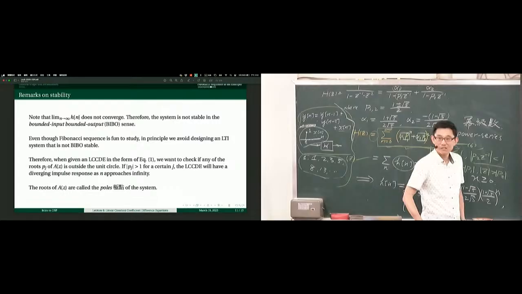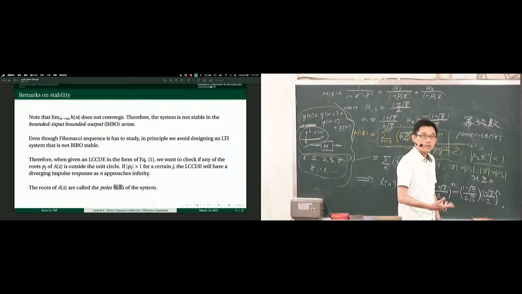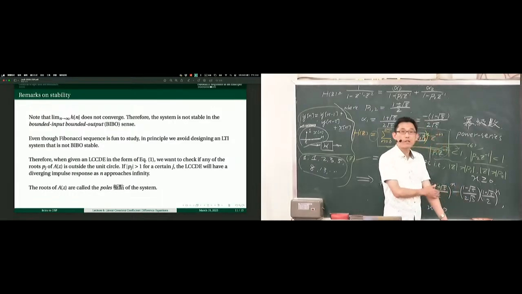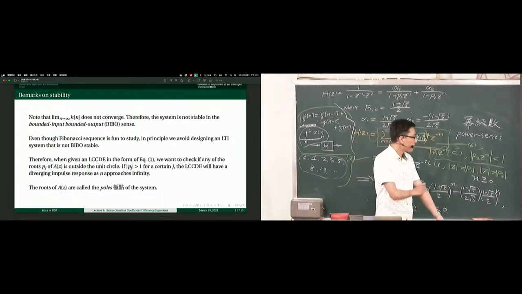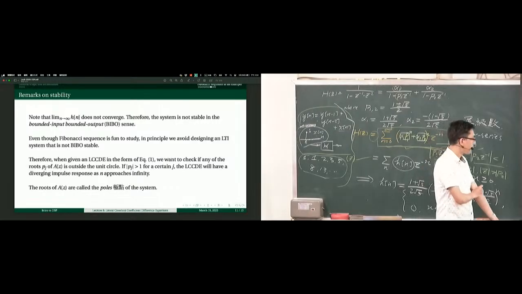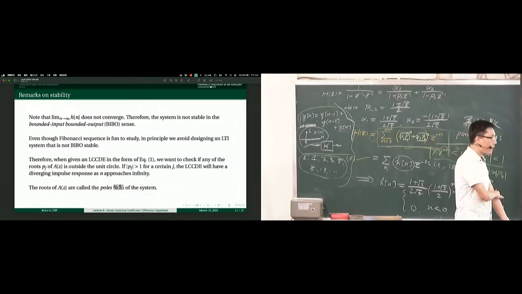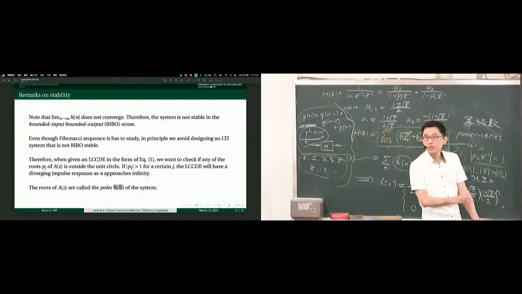You should discard that equation, and ask your client to spend more time and fix the problem. In principle, we don't want the difference equation to have a causal but diverging impulse response. It is unstable. We don't like it. So far, so good. That's kind of a lesson that sometimes could happen also for your research.